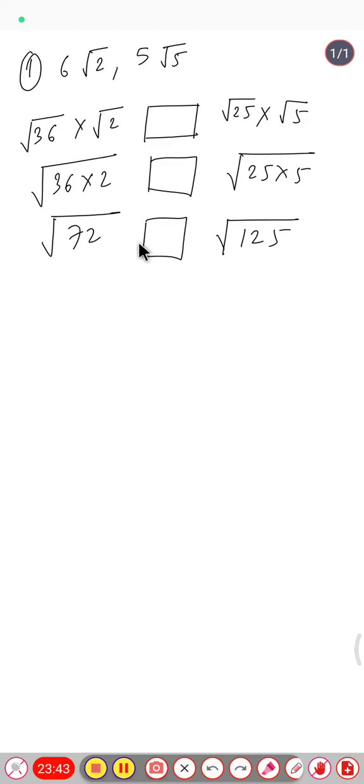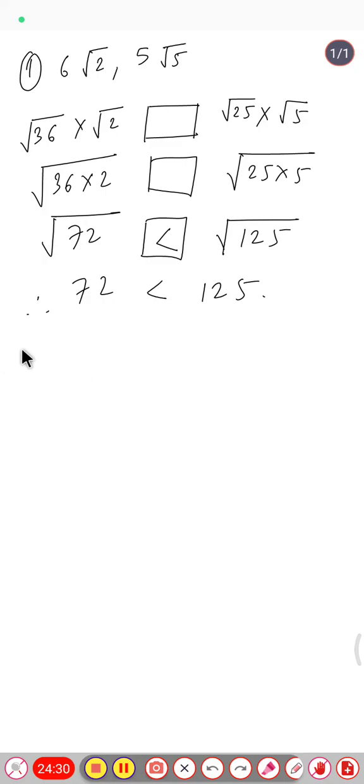So when we find this out, root 125 and root 72, when we square both numbers, 72 is smaller than 125.